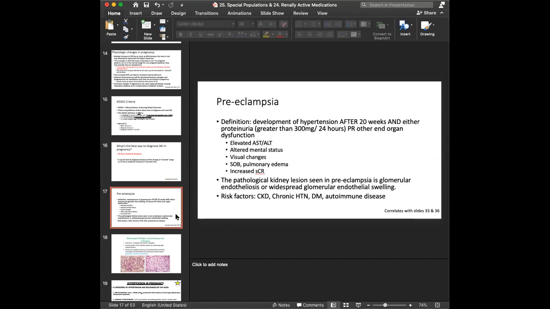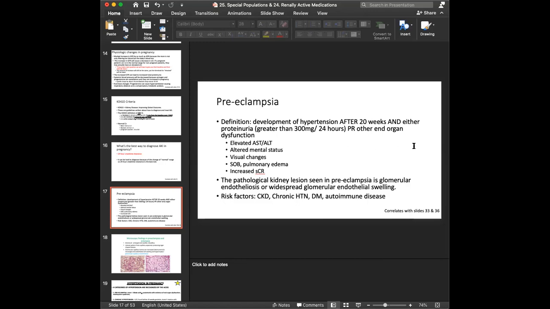Here's preeclampsia. So the definition is the development of hypertension after 20 weeks and proteinuria greater than 300 milligrams per 24 hours. And it's going to be leading to end organ dysfunction.